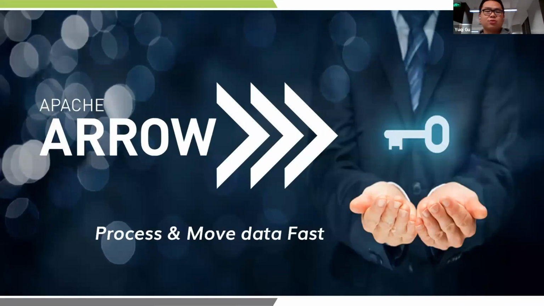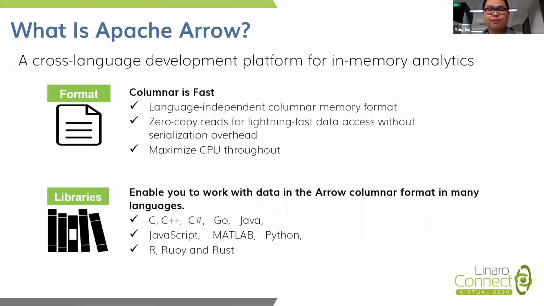So Arrow processes and moves data faster. Arrow is designed to make things faster. It focuses on speeding communication between systems as well as processing within one system. That's very efficient.